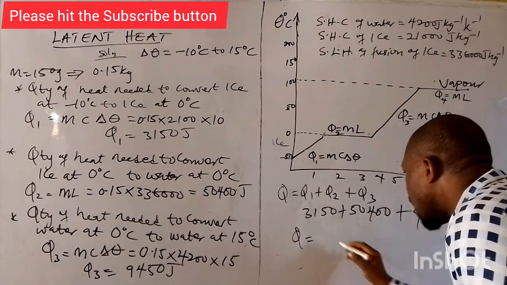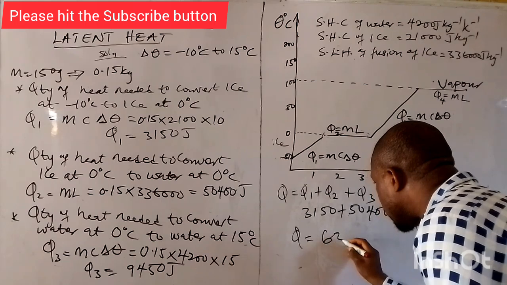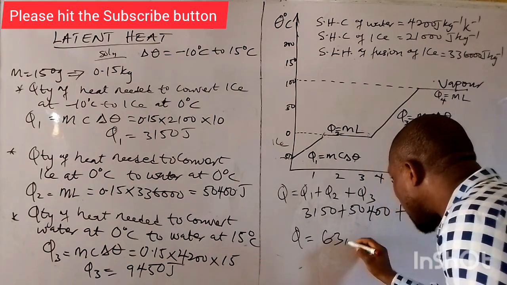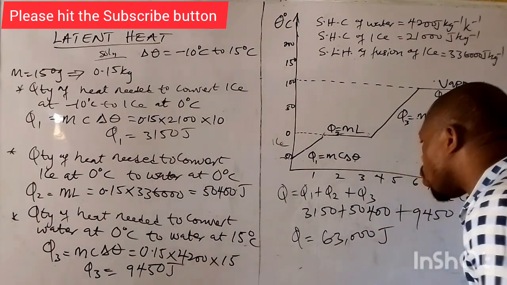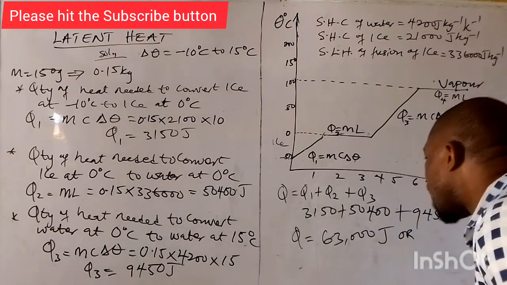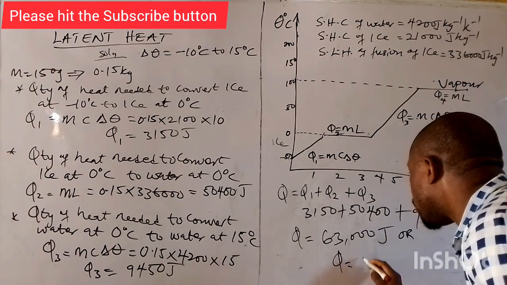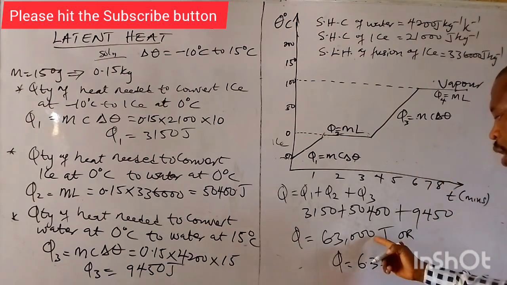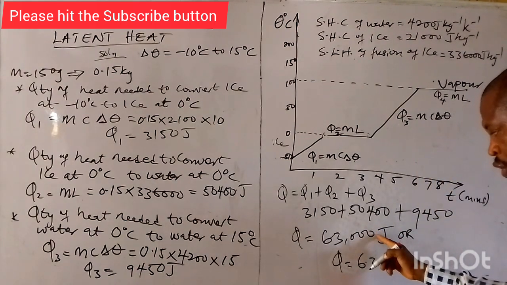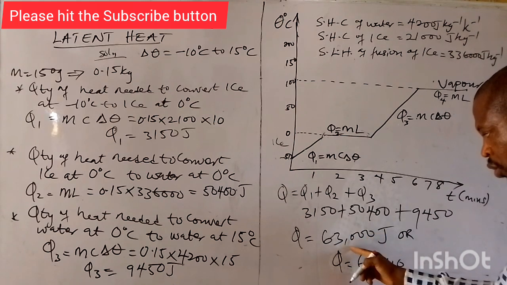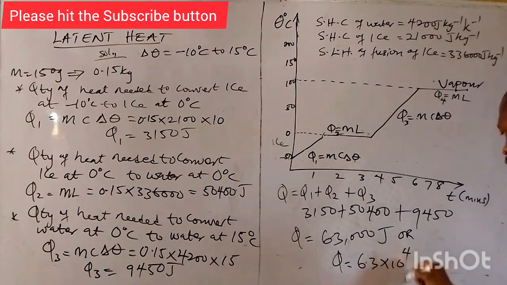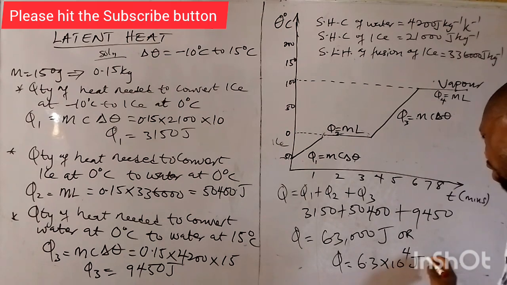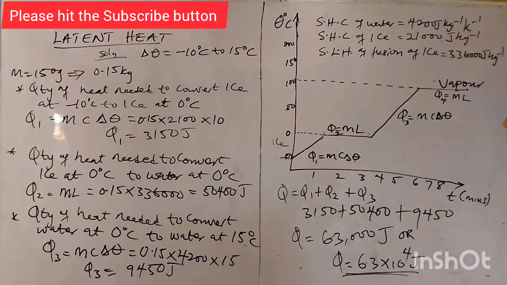Total heat will now give us 63,000 joules, or we can have it as Q equals 6.3 times 10 raised to power 4. We now have this as our final answer.